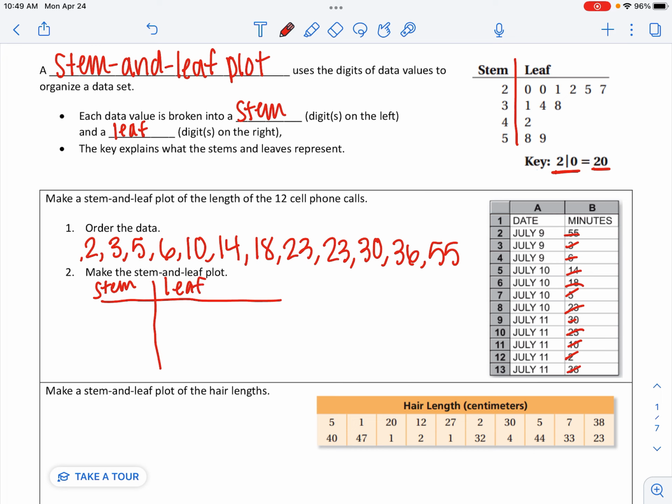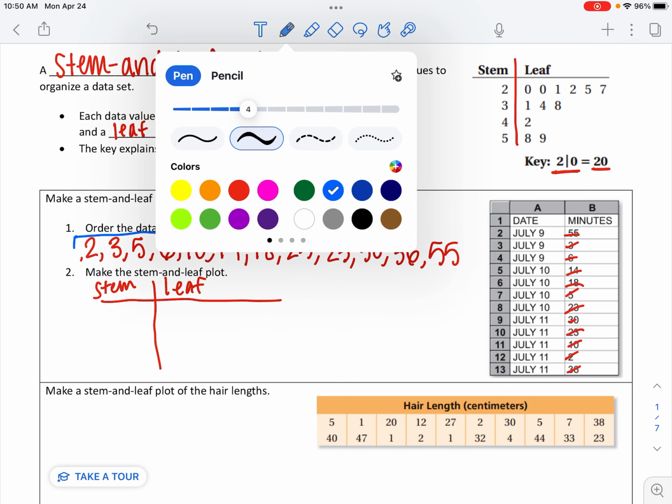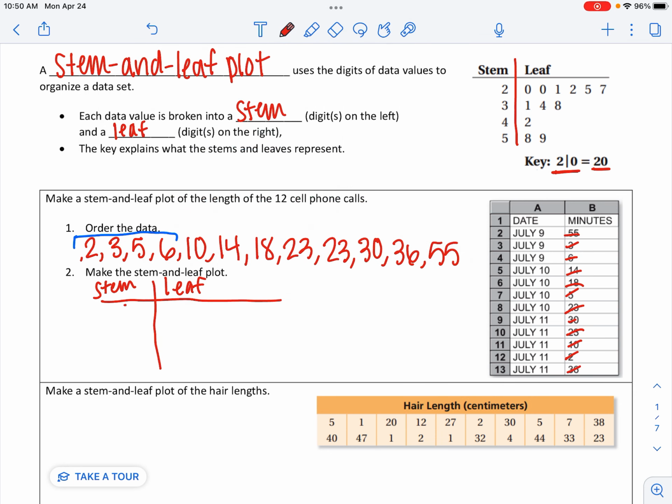First of all, I have numbers that are 1 digit, and that would be all of these ones. And so my stem would be 0 for those. Then I would put 2, 3, 5, and 6. Make sure you leave enough room between them so it doesn't look like 23 or 56 or 35.